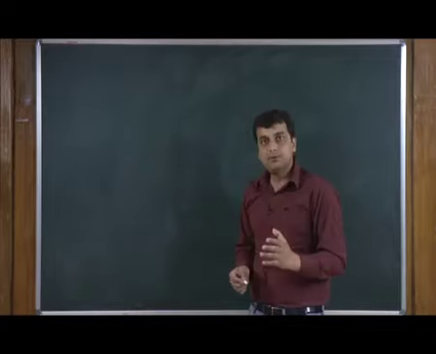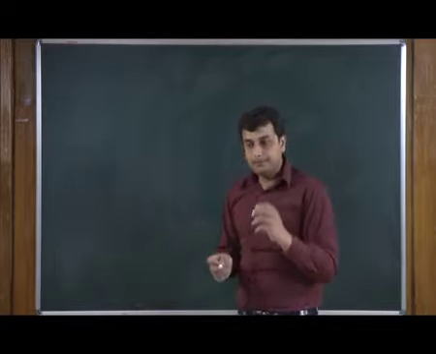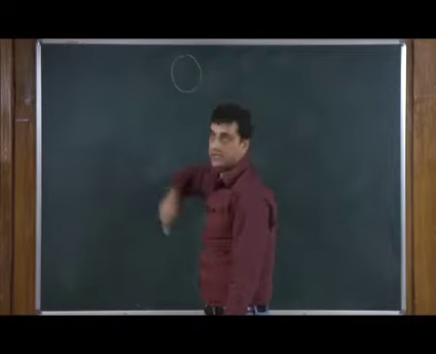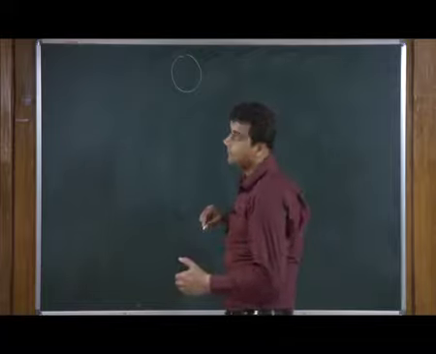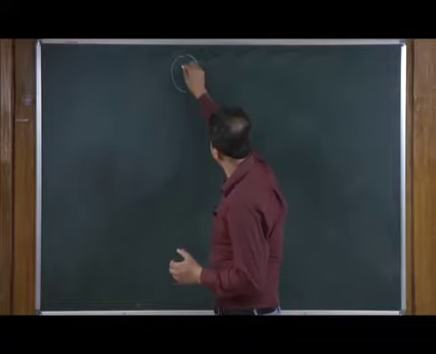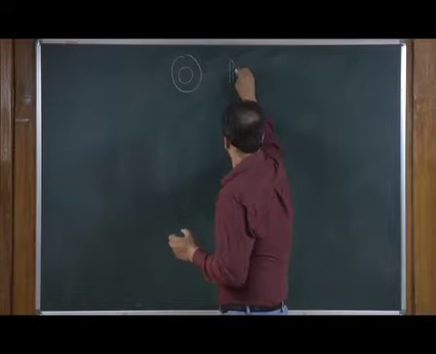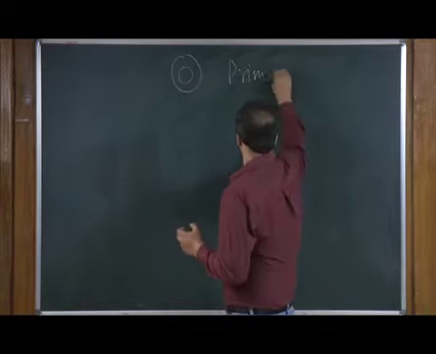In the sperm, the initial cell, which we will see later in the diagrammatic representation, is called the primordial cell.